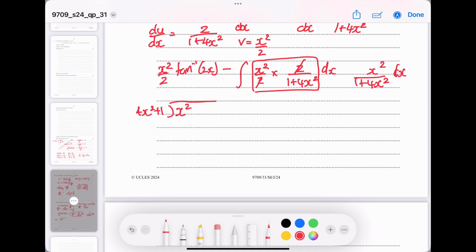It's just easier to write it that way. So x squared divided by 4x squared is 1/4. So that gives us x squared plus 1/4. And we subtract these to get negative 1/4. So splitting this part into partial fractions, we've got 1/4 minus 1 over 4, 1 plus 4x squared.